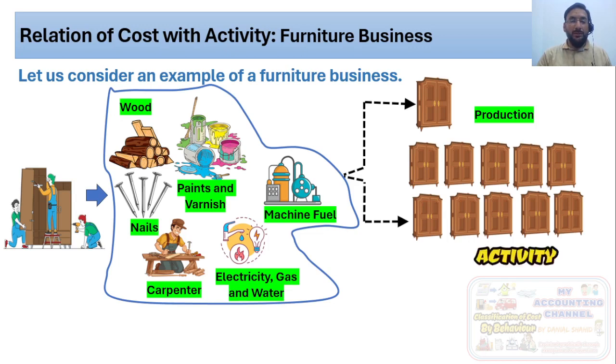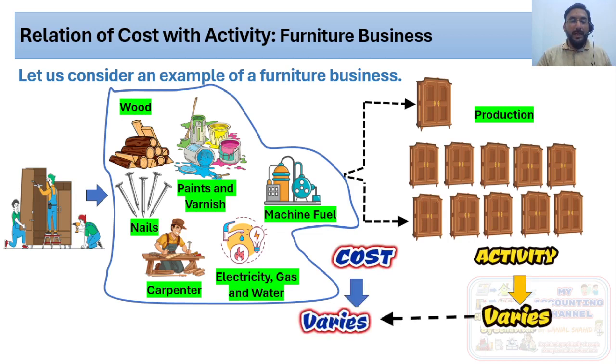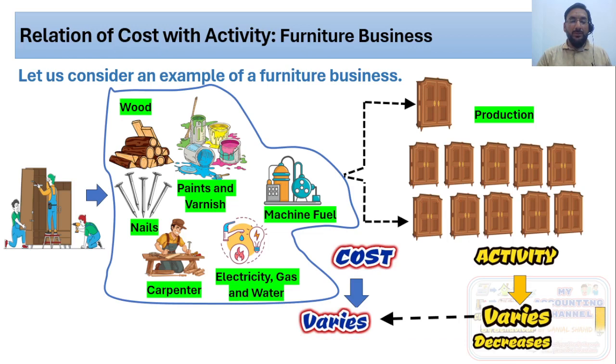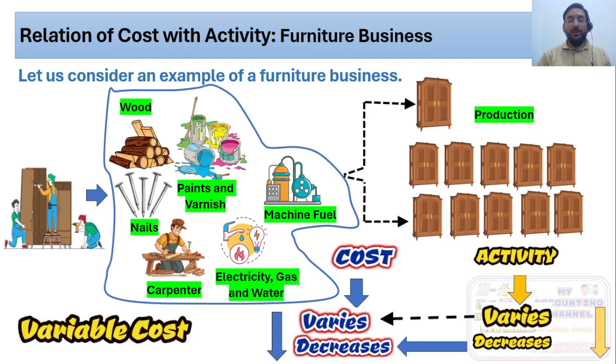Because of the activity they face cost. If the activity varies, the cost also varies, meaning if the activity is increased from 1 cupboard to 10 cupboards, then the cost also increases. Or if the activity decreases from 10 cupboards to 1 cupboard, then the cost also decreases. Such a cost is called variable cost.